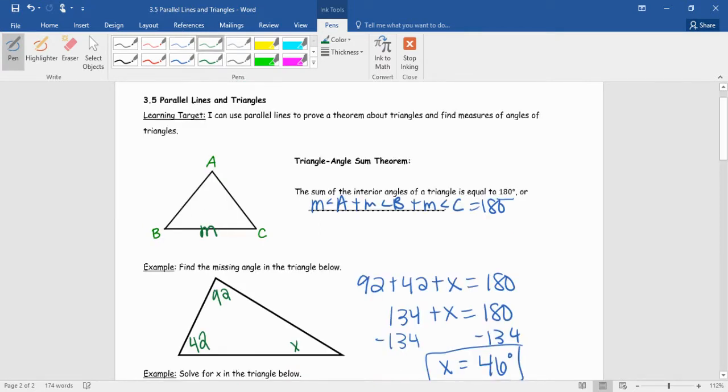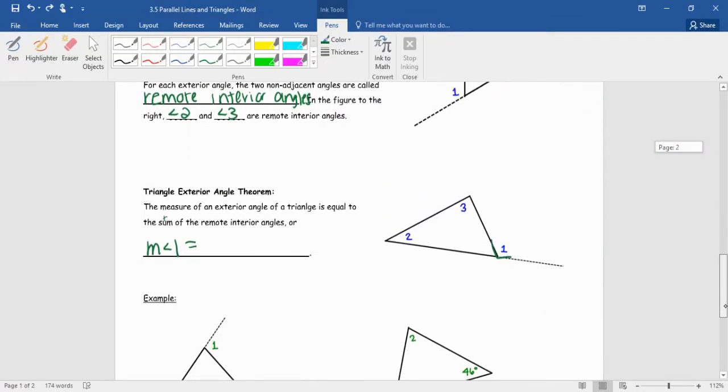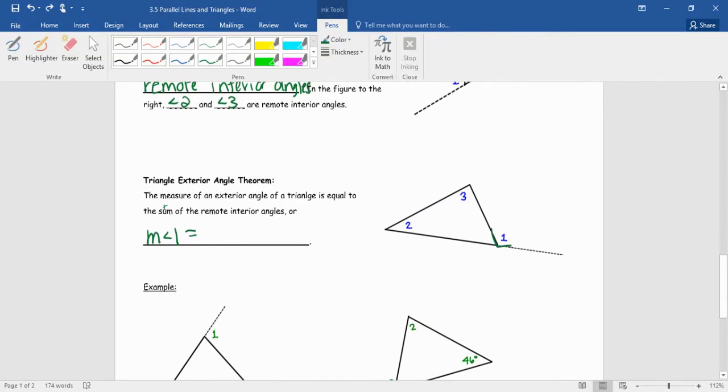I'm going to write that as the measure of angle 2 plus the measure of angle 3. So you find this exterior angle by taking the two interior angles that it is not close to and adding them together.